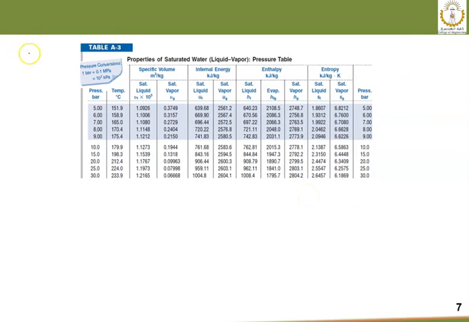This is table A3. 1.5 megapascal is 15 bar. So for that pressure, we look at hg and hf. This is hg and this is hf.